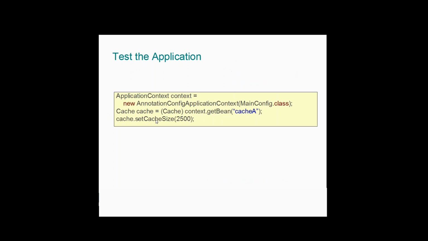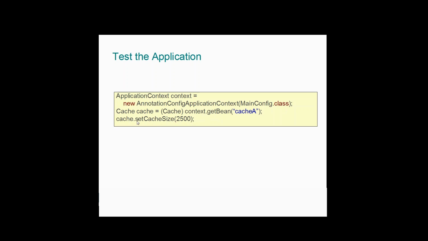Now I will create an application context. When I create an application context with the main config, which already has the aspect configuration where I have enabled AspectJ Spring AOP with aspects, I get the context. Now with the context, I do a lookup of cache A and call cache.setSize, setting the cache size to something.